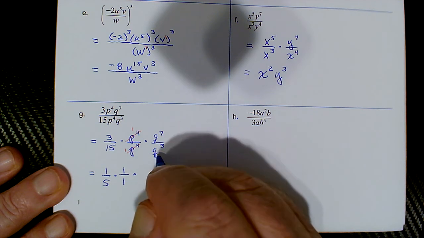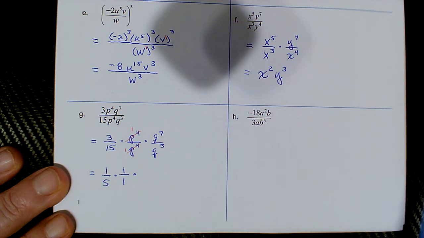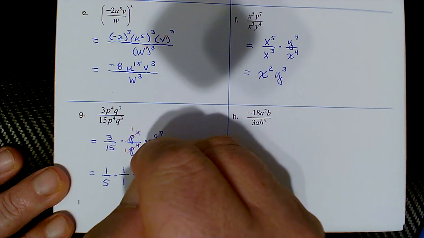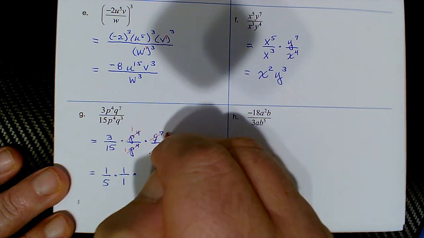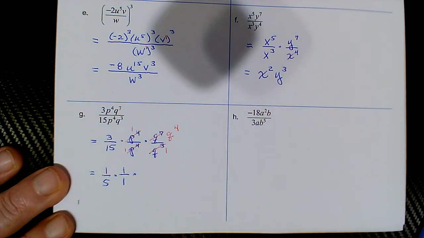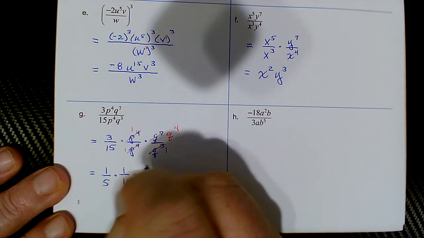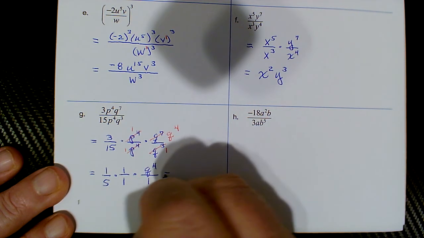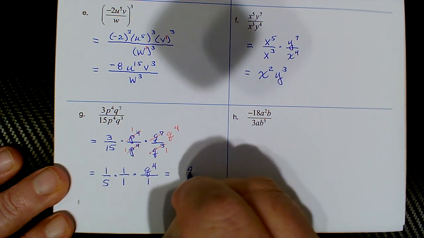But thinking about it in terms of cancellation, you have 3 factors of q in the denominator that you're taking away from the 7 factors of q that are in the numerator. So you'd be left with q to the 4th in the numerator. And that's over 1 then. And then we can multiply across, and we get q to the 4th over 5.